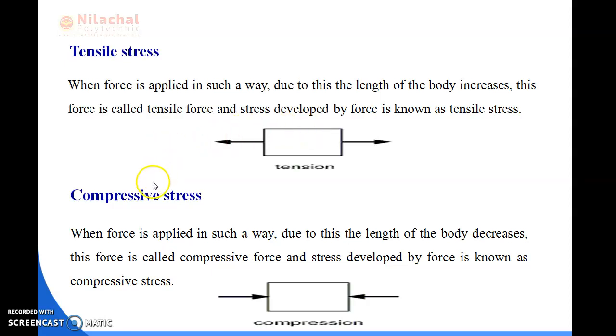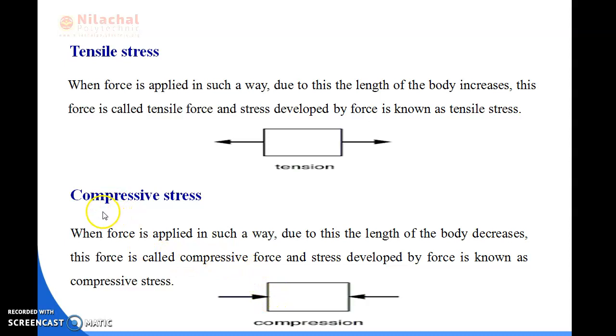Now to the compressive stress. What do you mean by compressive stress? Whenever a body is subjected to two equal and opposite pushes, that means compressive force is applied from two directions towards the body, the stress the body gives is known as compressive stress.